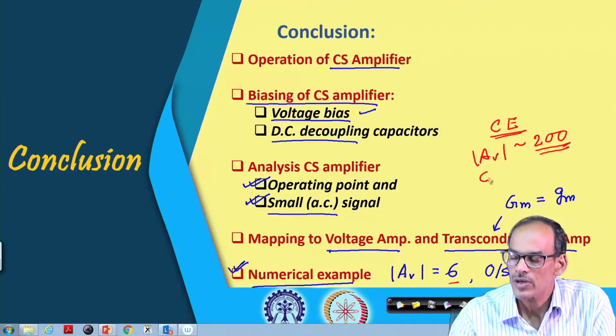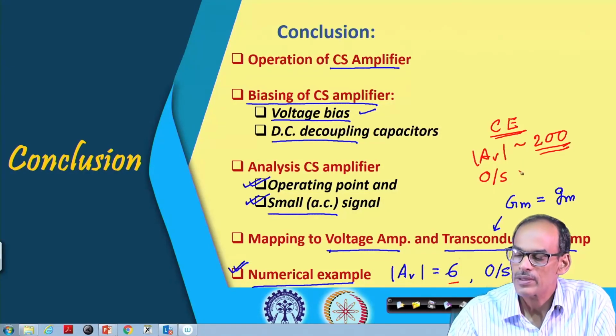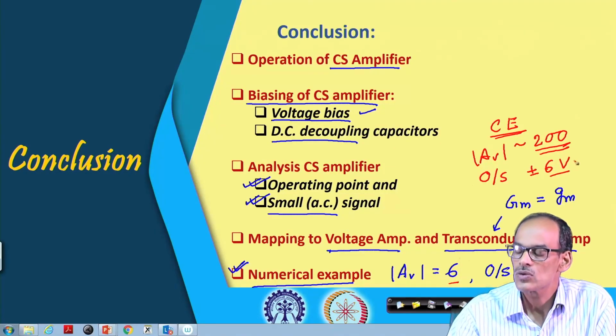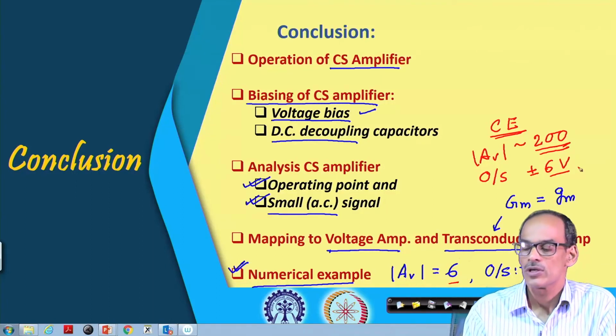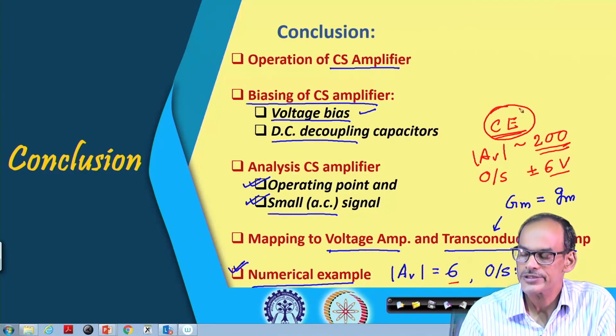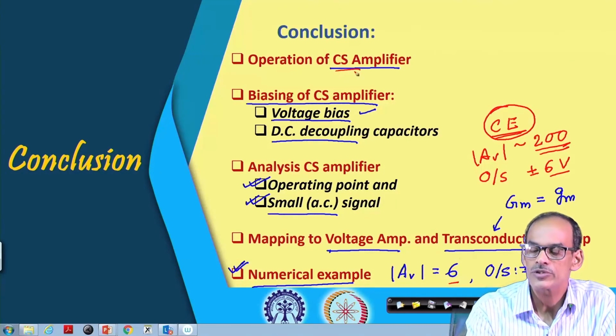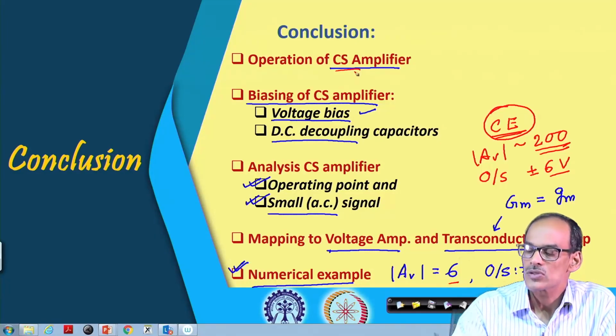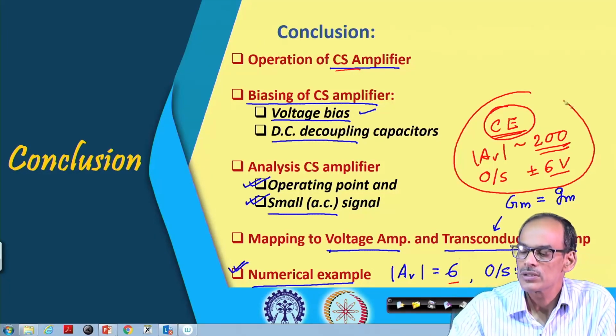Also the output swing in the common emitter amplifier was close to plus minus 6 volt. So, we can say that performance wise the common emitter amplifier is better than the common source amplifier, both gain wise and output swing wise.